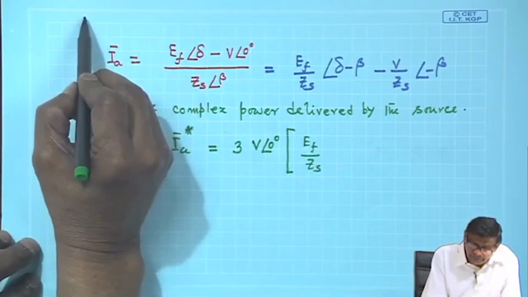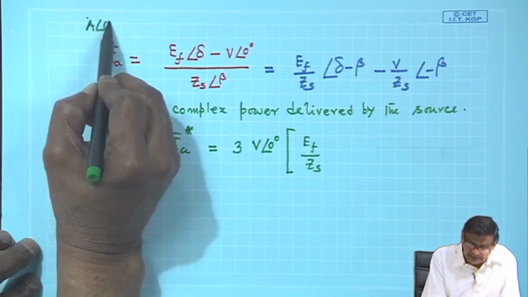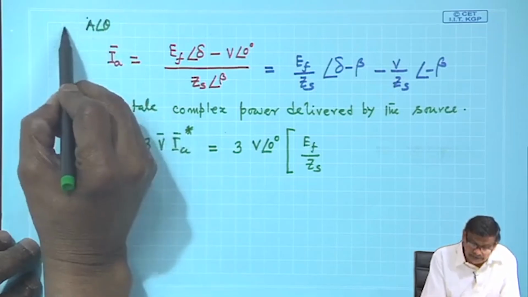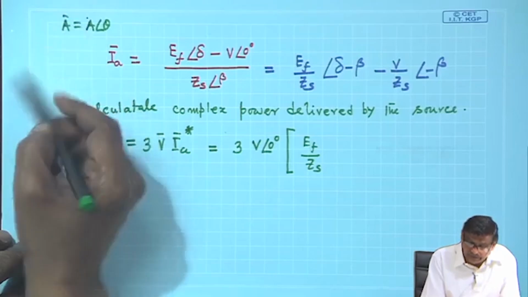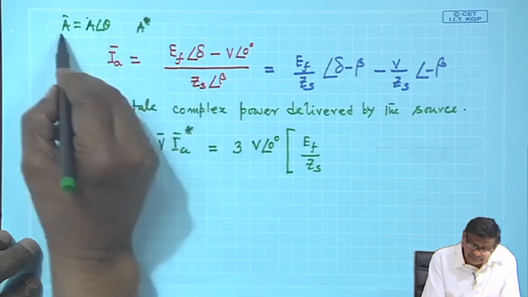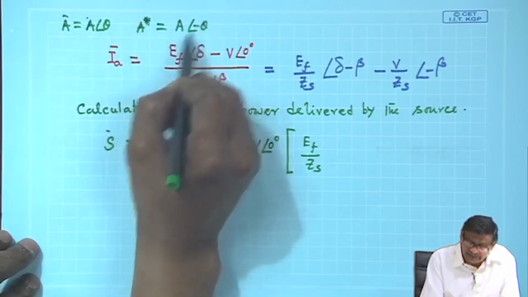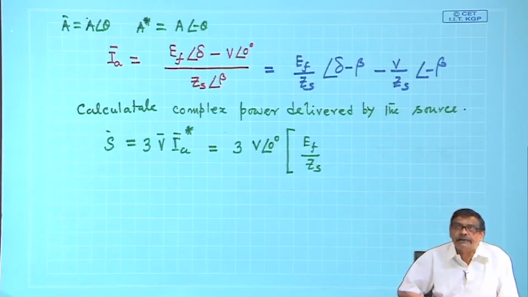If you have a phasor, something like A angle theta, some vector or phasor complex number, what is A star? A star will be simply A angle minus theta, the angle you have to negate.